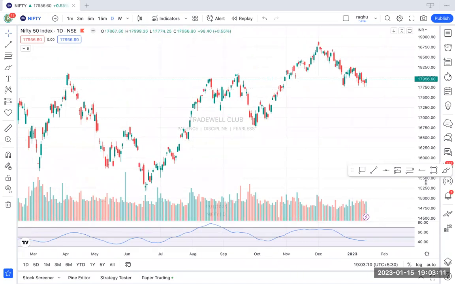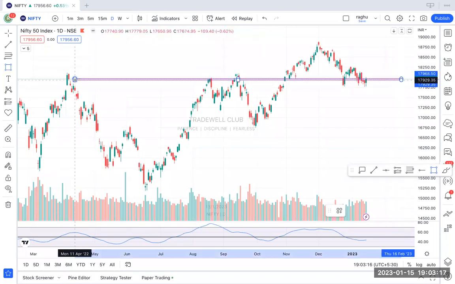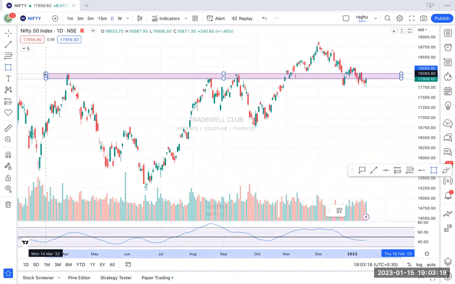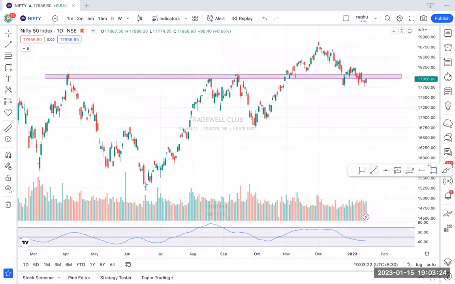So let me draw a support and resistance box here and understand where exactly Nifty or Bank Nifty is heading. At this particular point, if you are seeing, 1, 2, 3, 4, 5 times the market gave a bounce from this particular location or went for a breakdown.